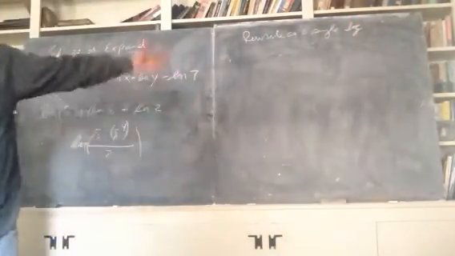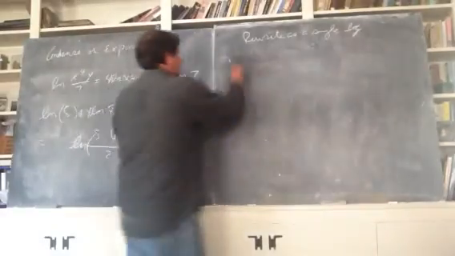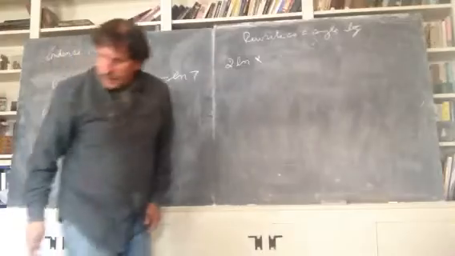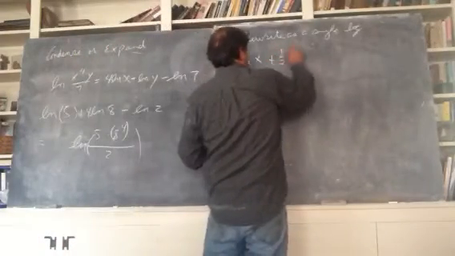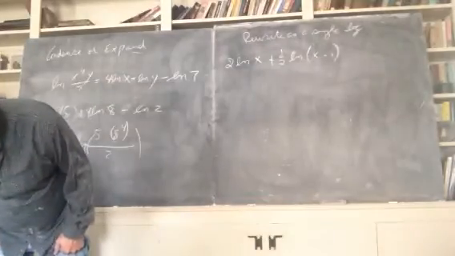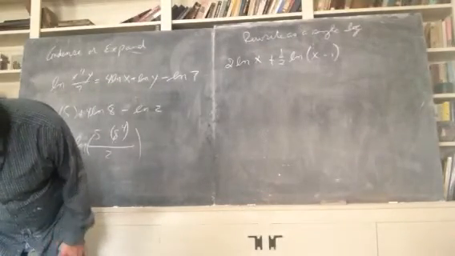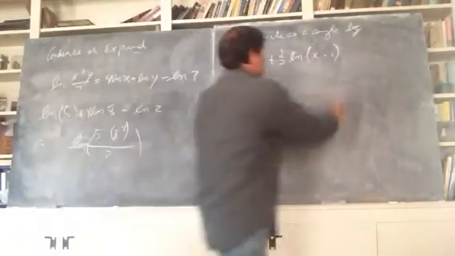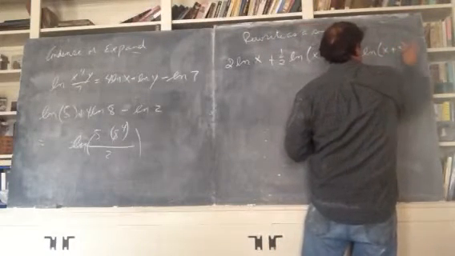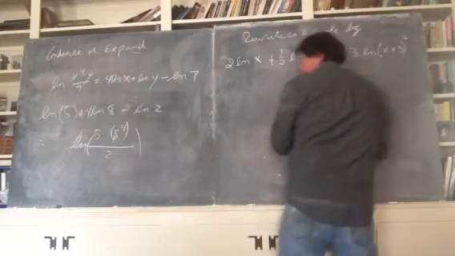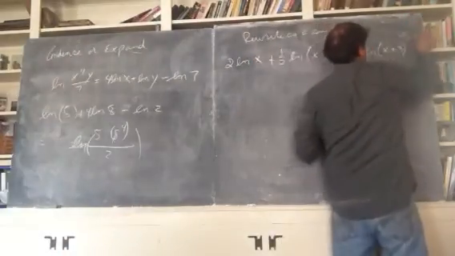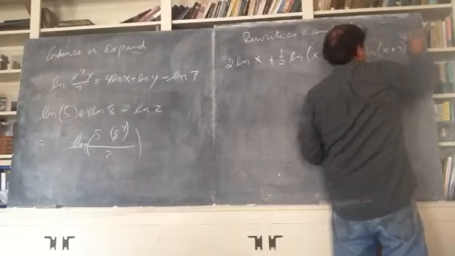It doesn't matter which word we're using, but 2 ln x plus a half ln of x minus 1, minus 3 ln of x plus 3 to the 6th. Squared will become 6, by the way, in a second. And I need 2 parentheses there.